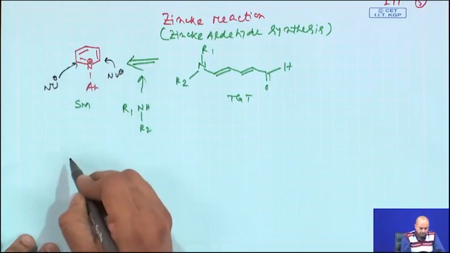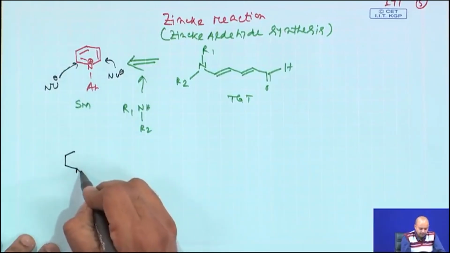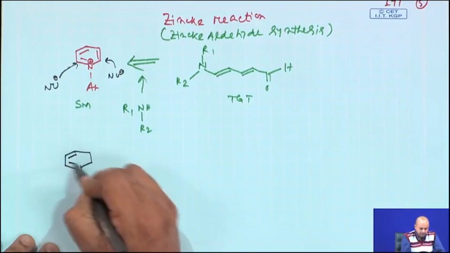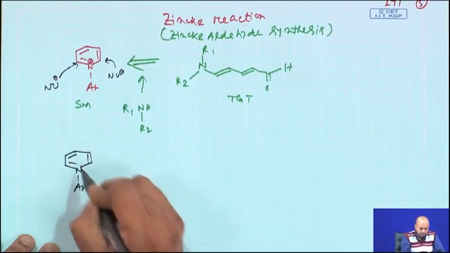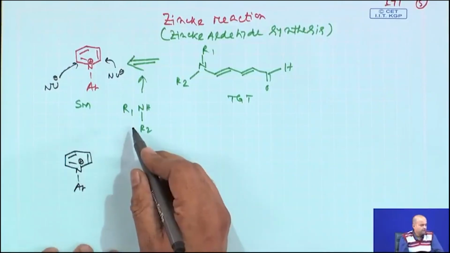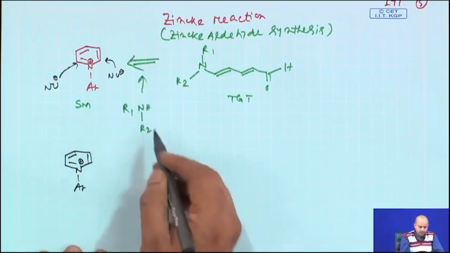So, in this case, once the parent pyridinium ion is there, your nucleophile is R1NHR2, this amine.